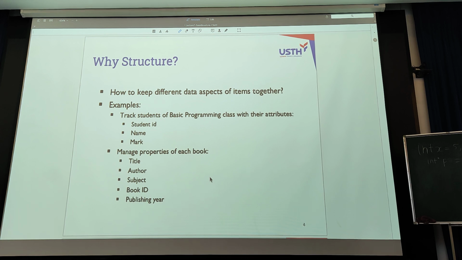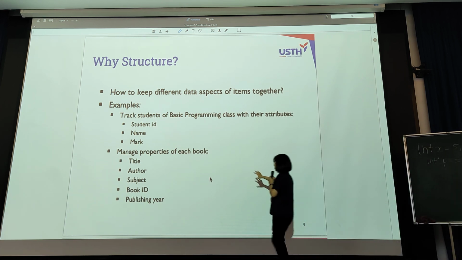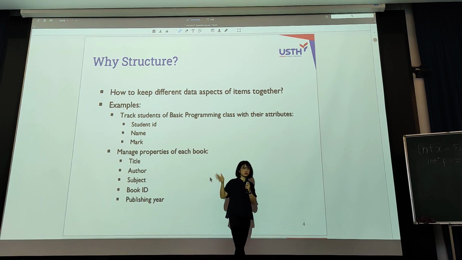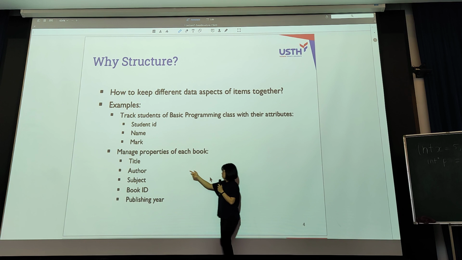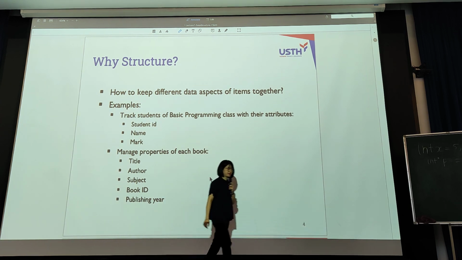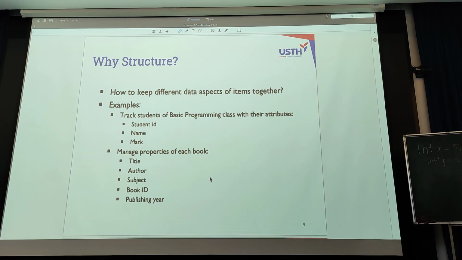There are many books. And in this case, we can consider each book here as a data structure that has several aspects, 5 aspects. I call these attributes.